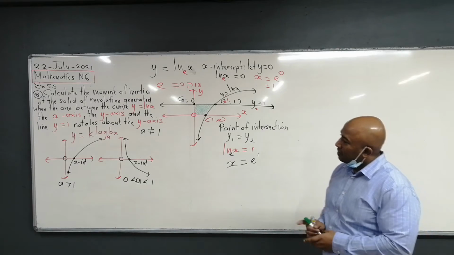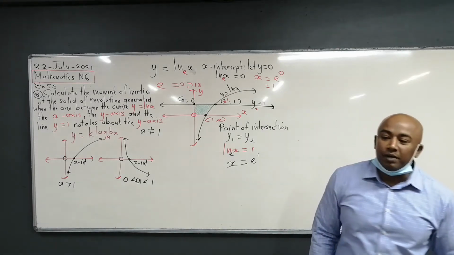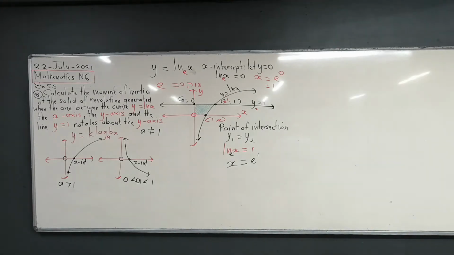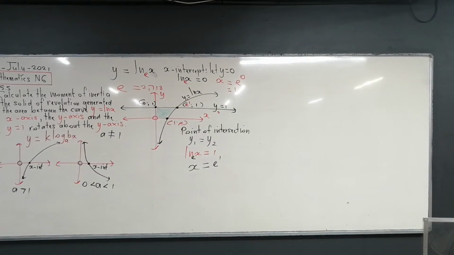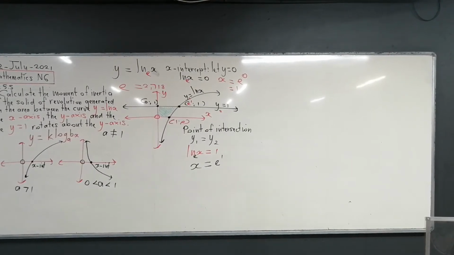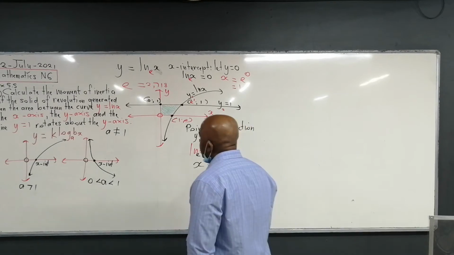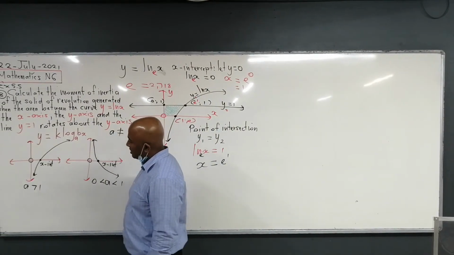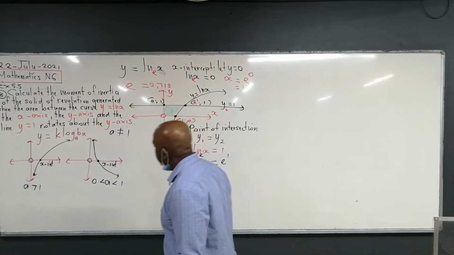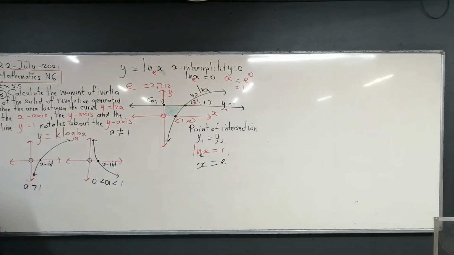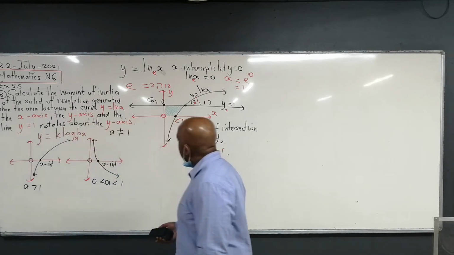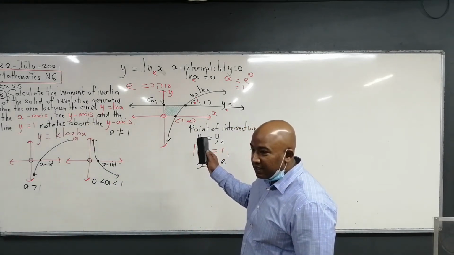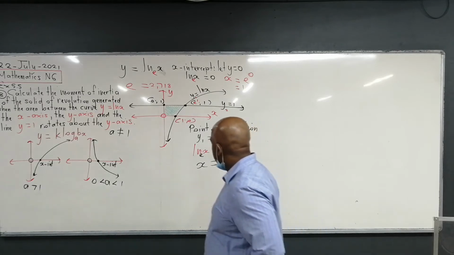Now, this graph rotates about the y-axis. So what are we going to do? It rotates about the y-axis. Okay, so now we need to make a decision. We need to make a choice whether to use delta x or delta y.